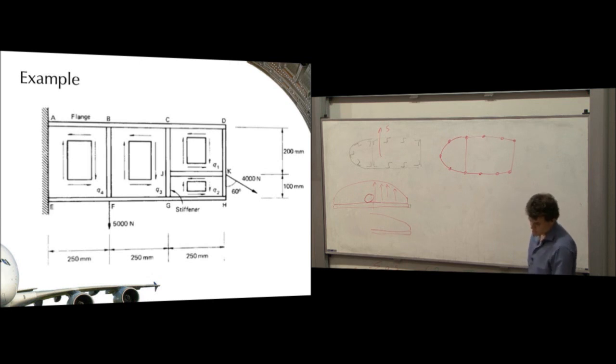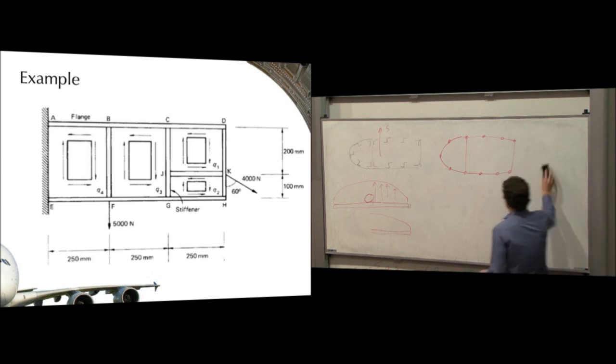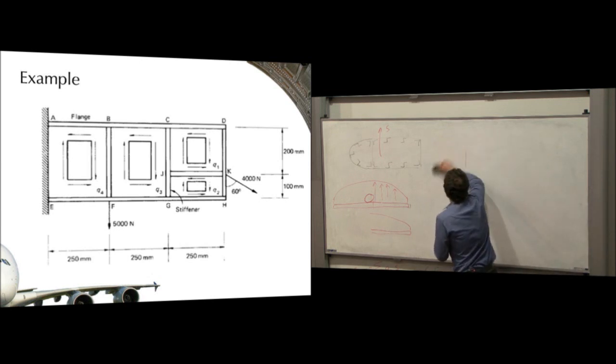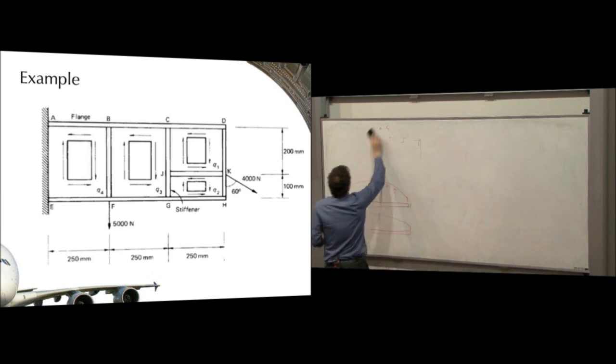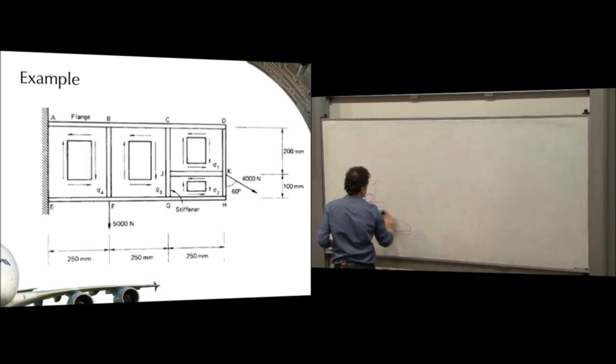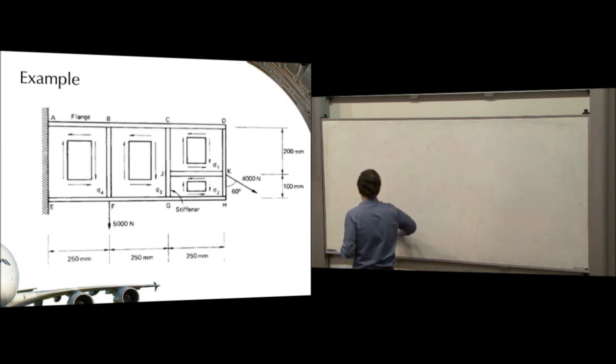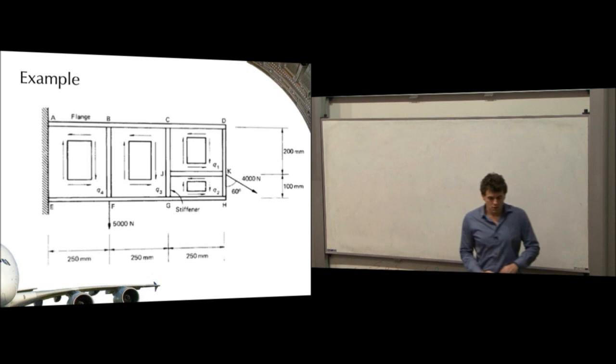So I'll show you what I mean with just a pure numerical example. So what we've got here is called, say, a deep stiffened beam, is what Megson refers to it as.